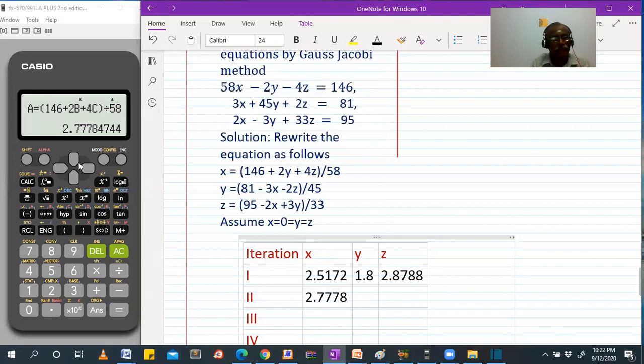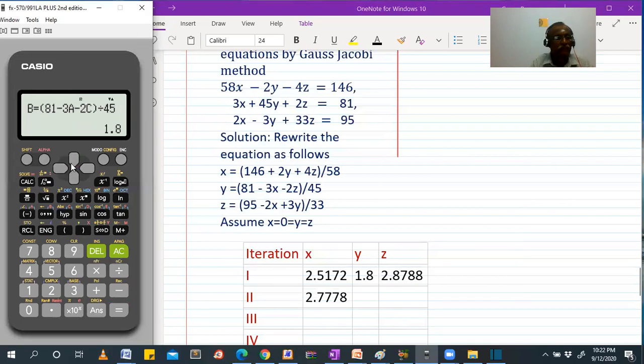Next, calculate b. Calc a equal to 2.5172, c equal to 2.8788.